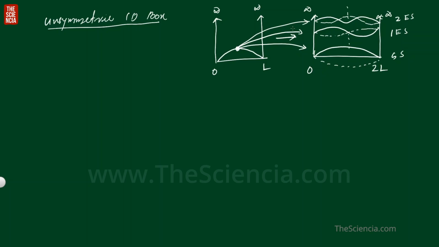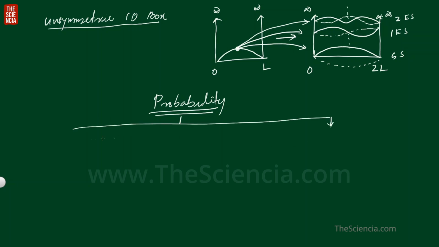So for each of these cases, there is a probability to find the particle in the ground state, first excited state, or second excited state. So here we are going to find out the probability. How can we find out this probability? What is the definition or equation for finding this probability? We already discussed an equation for probability.